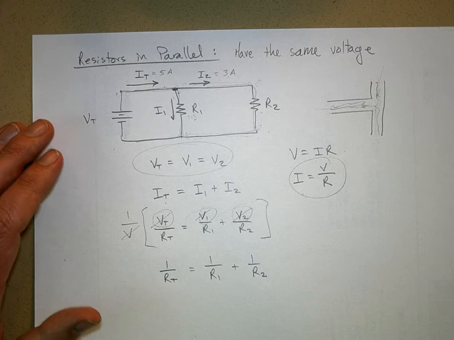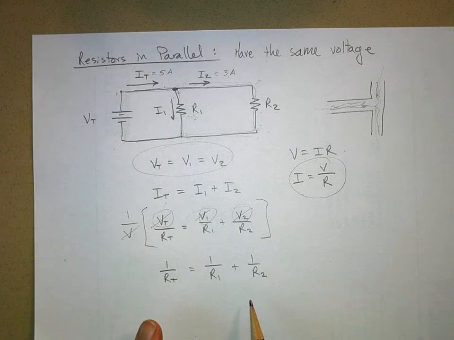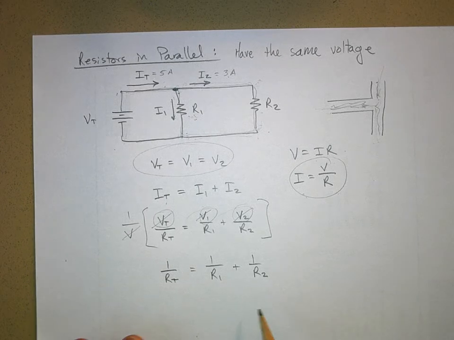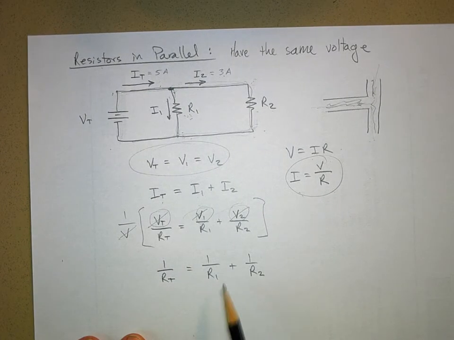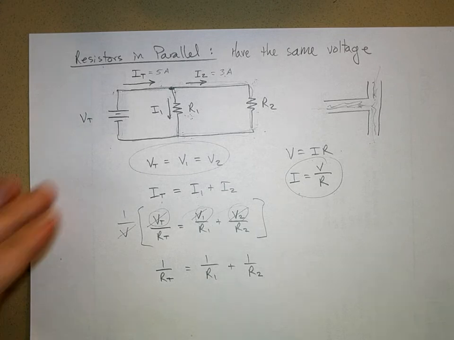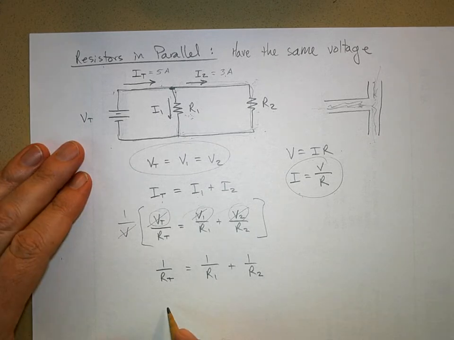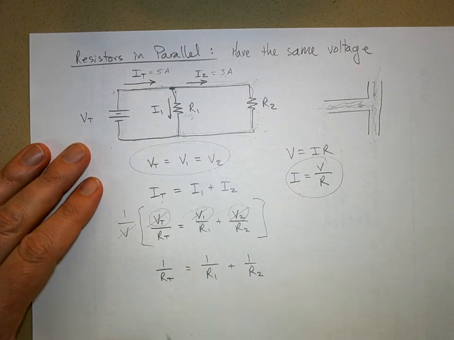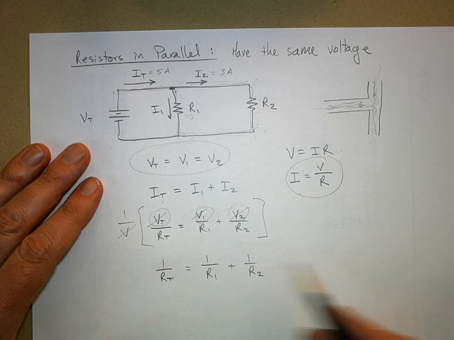In fact, quite often in electrical textbooks, if you're going to be an electrician, you're going to learn this, and they'll just leave the expression like this. I don't like leaving it like this because what are you trying to find? What's the total resistance of the circuit? That's what I want to know. So I'm going to take the reciprocal of both sides.